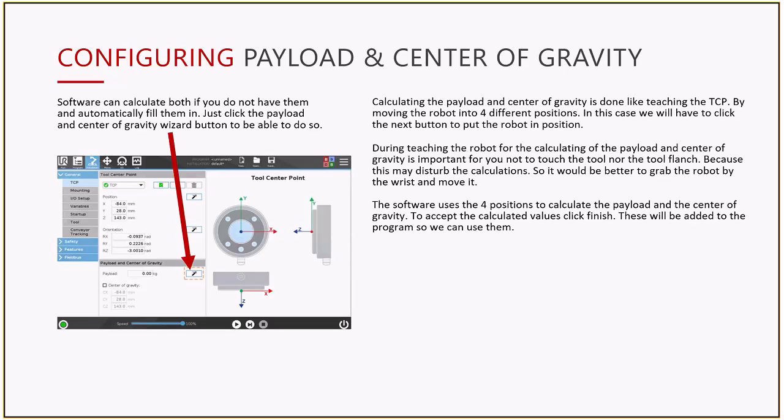During the teaching of the payload and center of gravity, it's very important not to touch the tool nor the tool flange, because otherwise you're going to deviate. The machine can deviate in the calculating of this, and that is actually what it's using to calculate the payload and center of gravity. So it will be better to grab it by the wrist and not the flange.